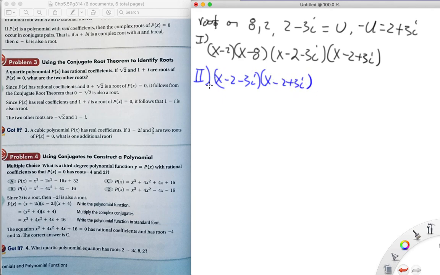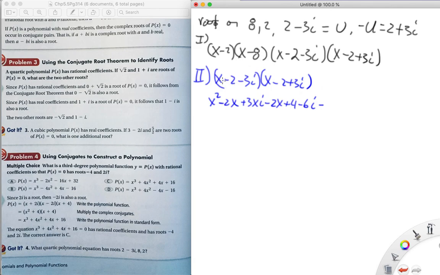Doing the math out, you get x squared minus 2x plus 3xi minus 2x plus 4 minus 6i minus 3xi.